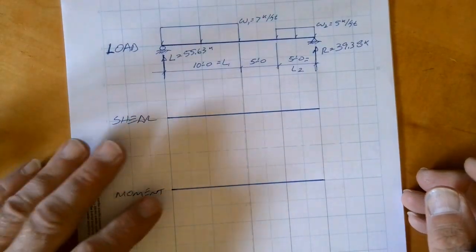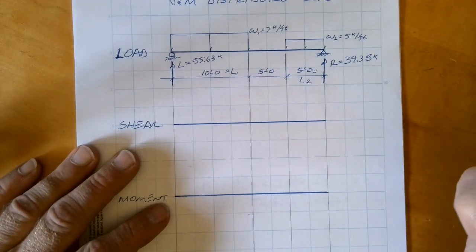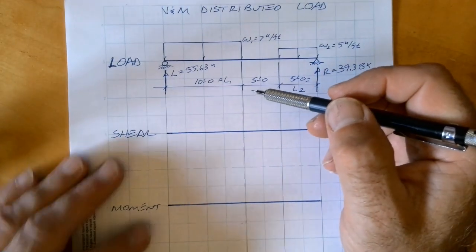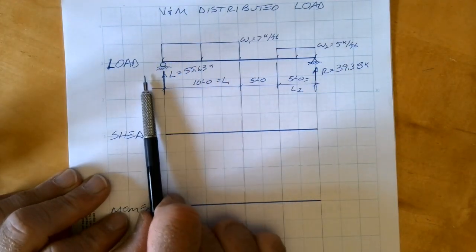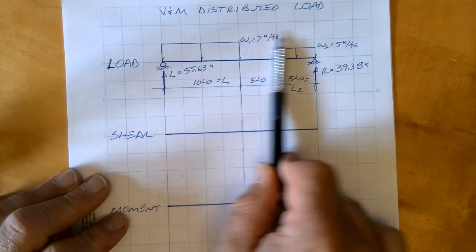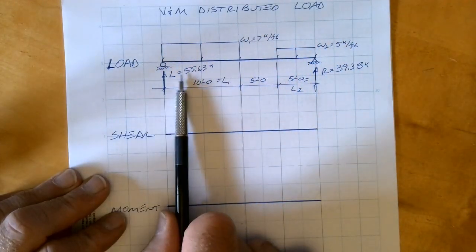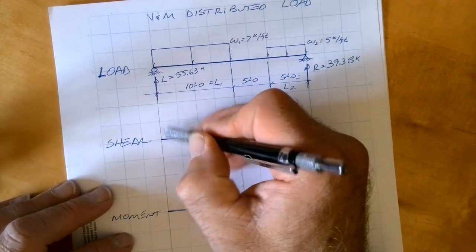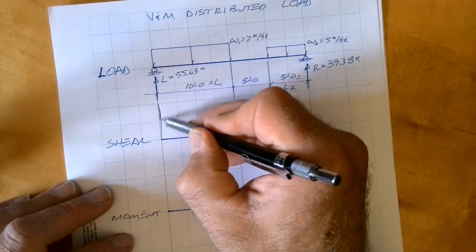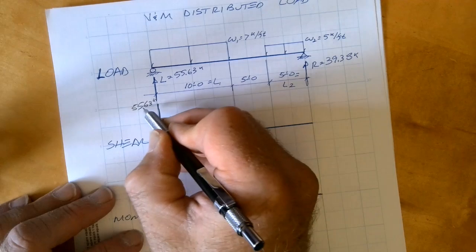Okay, let's get back to the shear diagram. I'll draw this in pencil so we can make adjustments as we go. As I come from one side to the other, I want to account for every load along that line. The first thing I run into is this reaction of 55.63 kips, and that's upwards, so right here I'm going to come up to 55.63 kips.